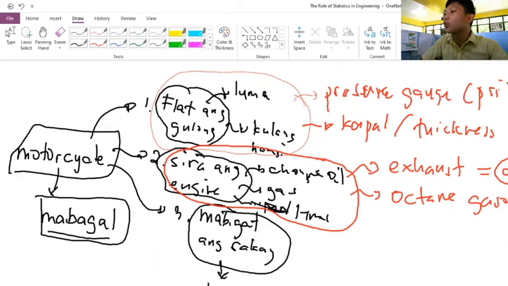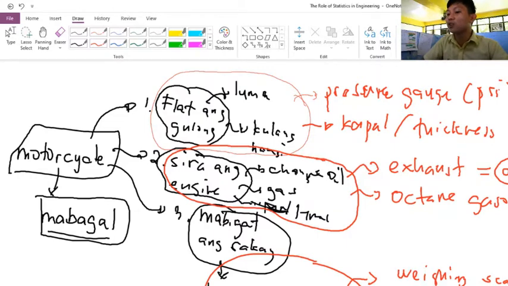Kasi alam natin, may dalawang klase ng gasolina, yung red at yung green na gasolina. At magkakaiba sila ng octane level. So sa mabigat naman ang sakay, siyempre, gamit tayo ng weighing scale para masukat ang timbang ng sakay. Alright, so ganun yun.